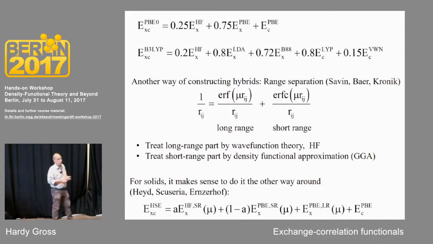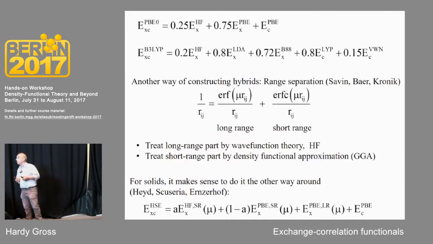And since you know that the long-range part gives you this 1 over r form of the functional, it's reasonable to require that the long-range part is treated by wave function theory, Hartree-Fock, or Andreas Savin has also done something better, and the short-range part with a GGA. So this is a reasonable choice for finite systems.